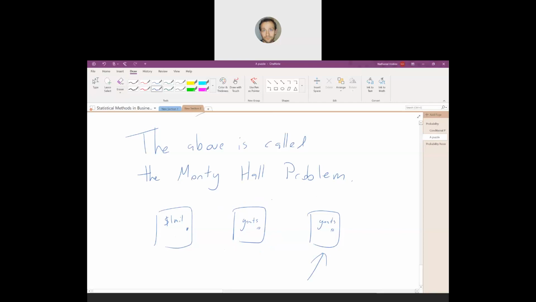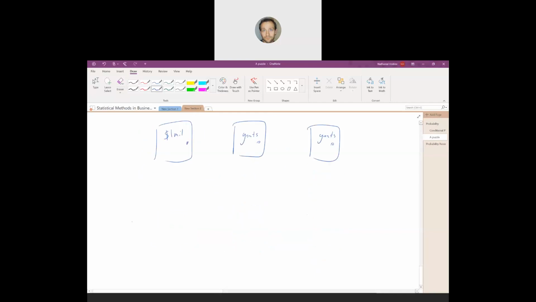There's one other way to intuitively think about this. I'll stick with the caves. Let's say there were 100 caves. 100 caves. And the princess is behind only one of them.